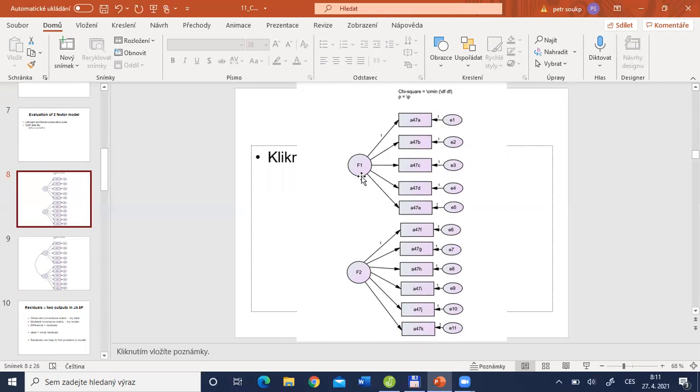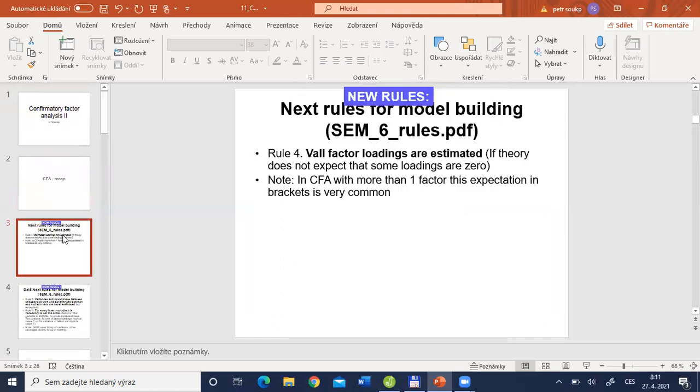And there is no so-called cross-loading, for example, for the first factor and the 6th, 7th, 8th, etc. items. So according to theory, there is 1 dimension and 2 dimensions, and they are separated. So that's rule number 4, and its application in a real life example.